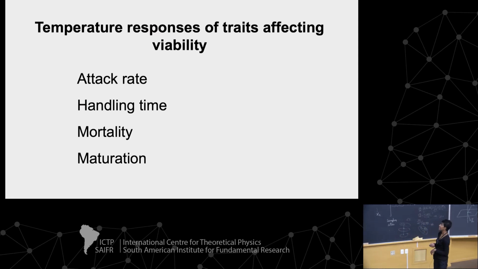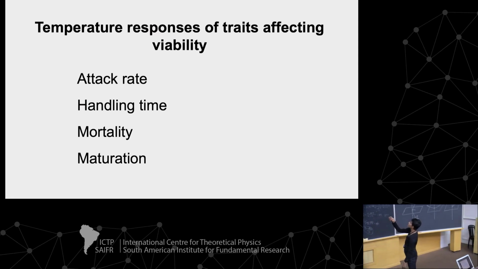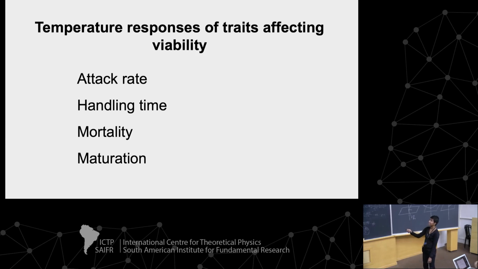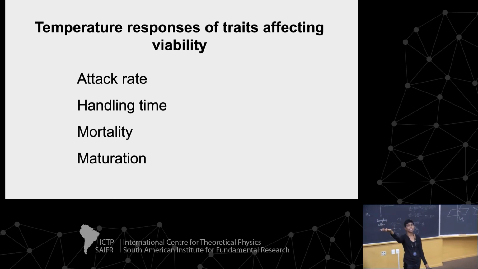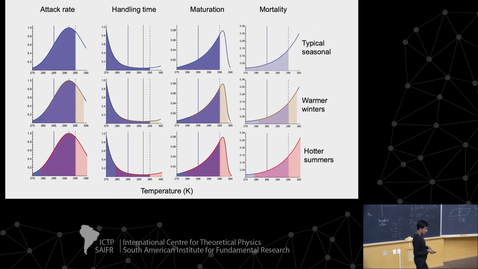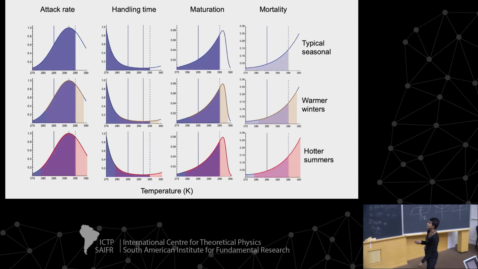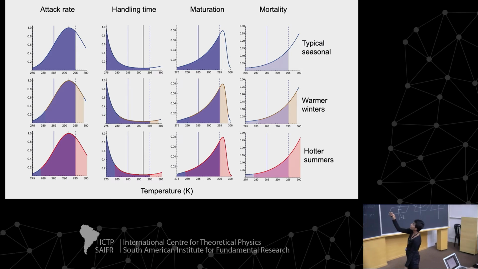matter a great deal. So we are now going to look at the temperature responses of traits that are going to affect viability, which are four: attack rate, handling time, mortality, and maturation. Okay? And attack rate is the same as the birth rate because they are the same. Right. So here is a diagram that gives the temperature responses of those four traits, and the top row gives you the responses under typical seasonal variation.